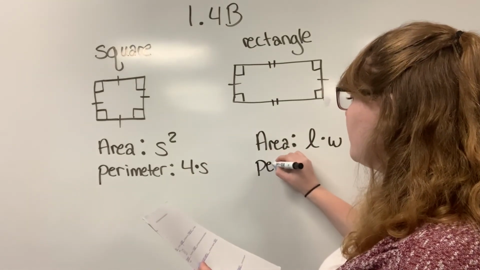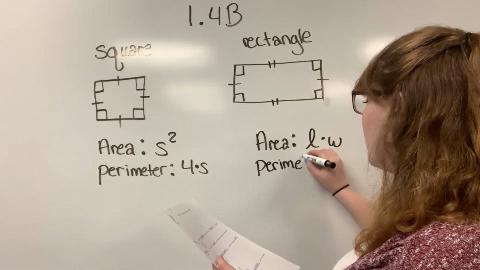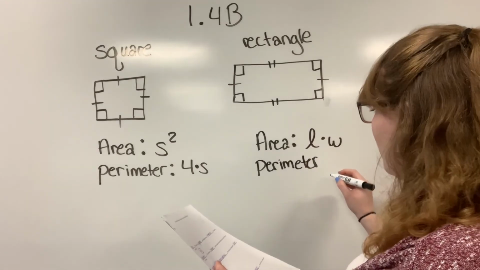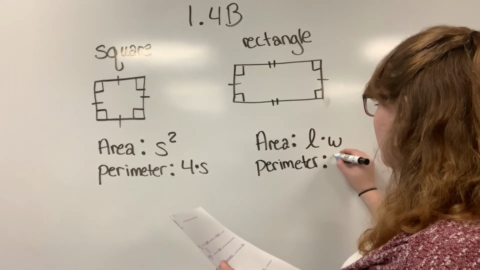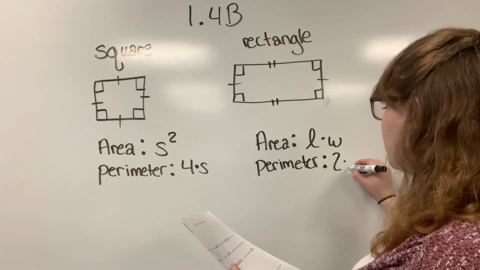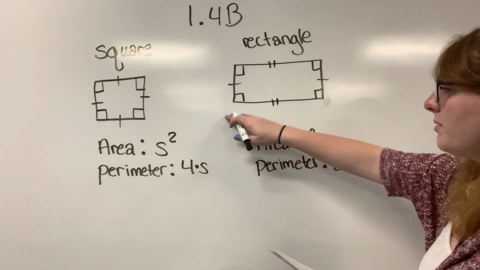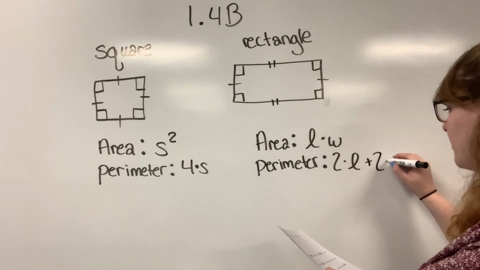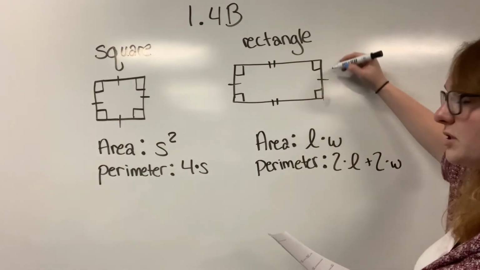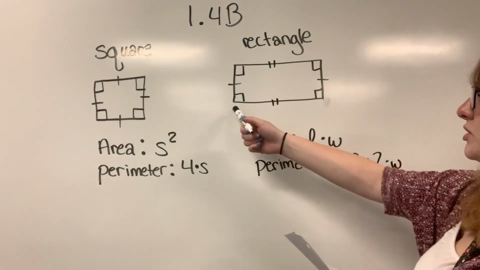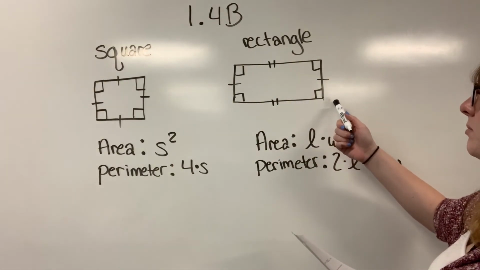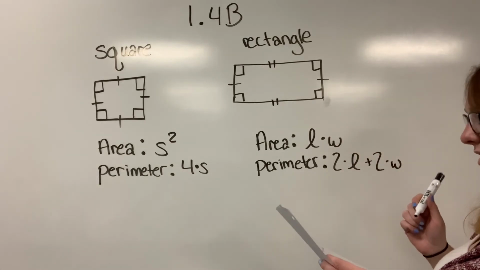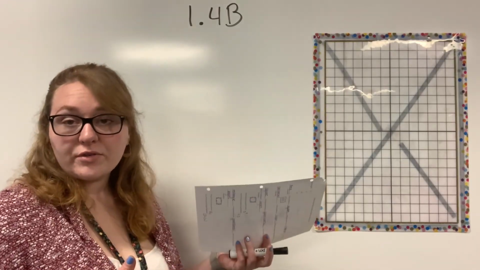And if we want to find the perimeter of the rectangle, we have to use 2 times the length, so 2 times the long side, plus 2 times the width, or 2 times the short side. Okay? So 2 times long side plus 2 times the short side. Okay, so let's do our first example.